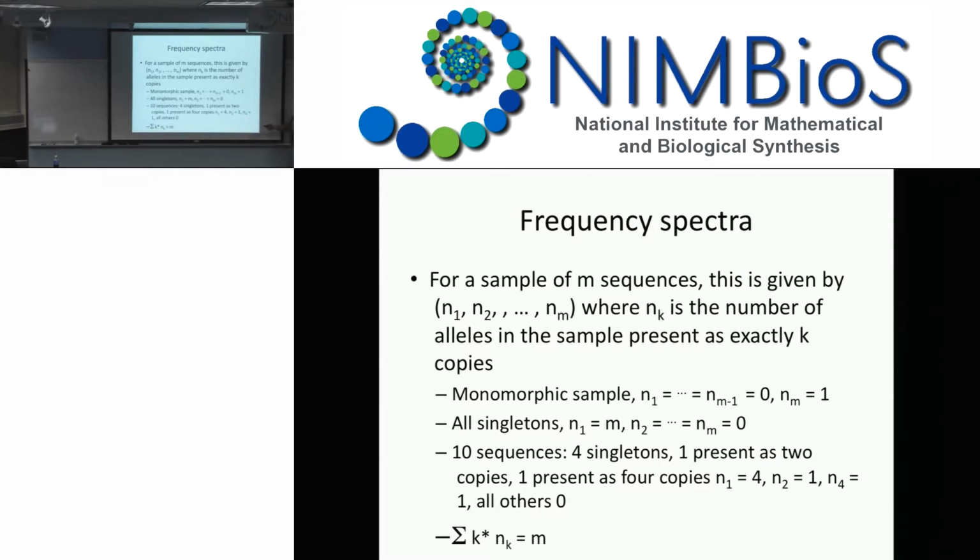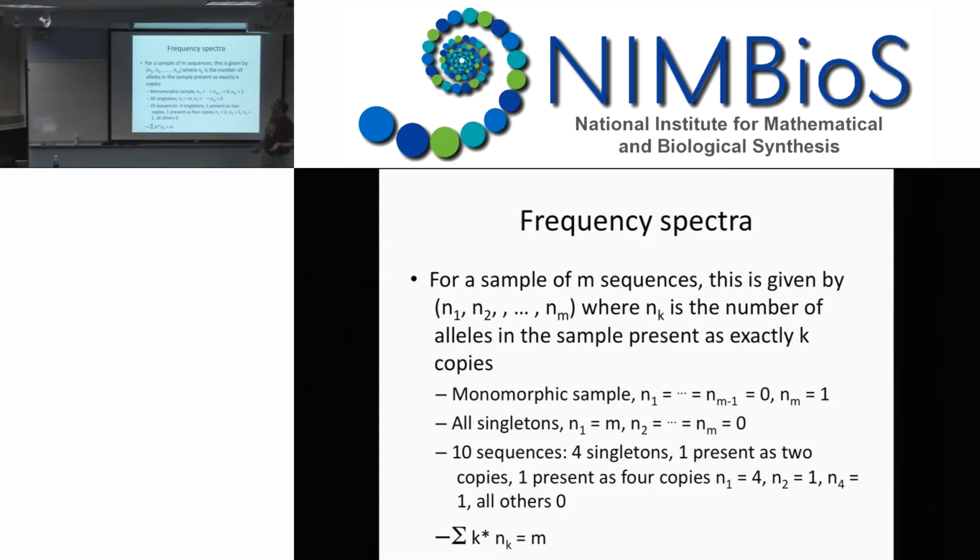Suppose I have 10 sequences, I've got 4 singletons, one present as 2 copies, one present as 4 copies, then the site frequency spectrum would say 4 times it appears as once, 1 time it appears as 2, 1 time it appears as 4, all other combinations appear as 0. And if you think about it, you do k times Nk summed over k, that gives you back M. So it's kind of a weird notation, but it's a compact way of representing how often different sequences are present.